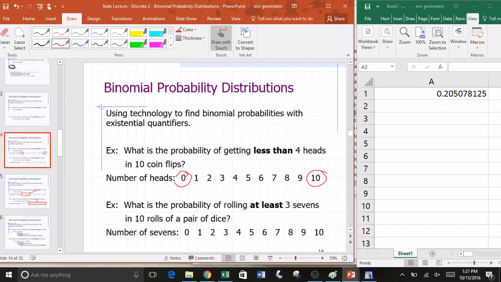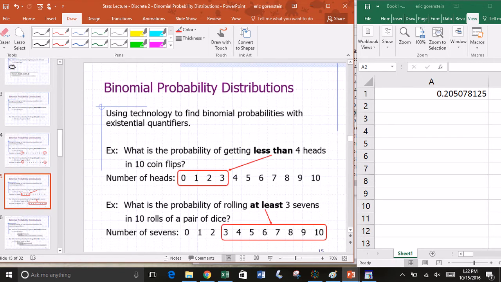And again, number of sevens, if you don't roll any sevens, you're here. If you roll 10 straight sevens, which is highly unlikely, you're here, or x could take on any value in between.